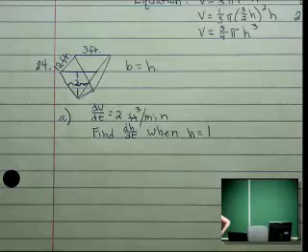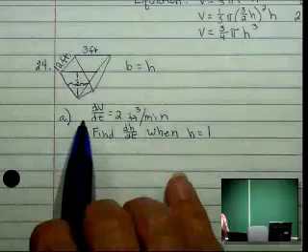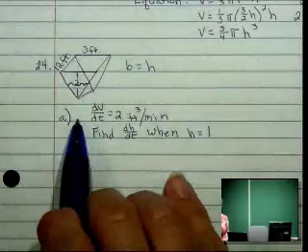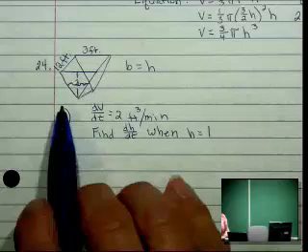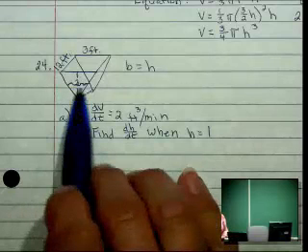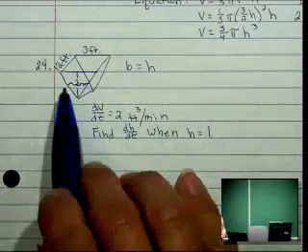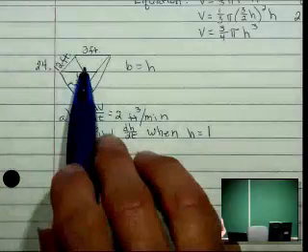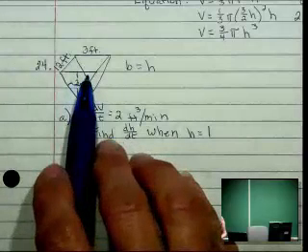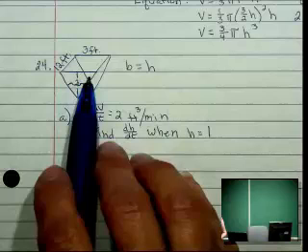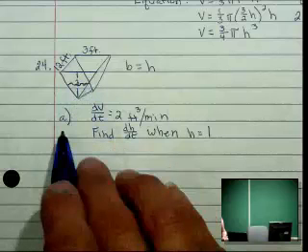But if it doesn't, I know that volume has 3 components: length, width, and height. So the area of one end times the length of the trough would give me all 3 of those components. Or I could Google volume of a triangular prism. Either one would be okay.